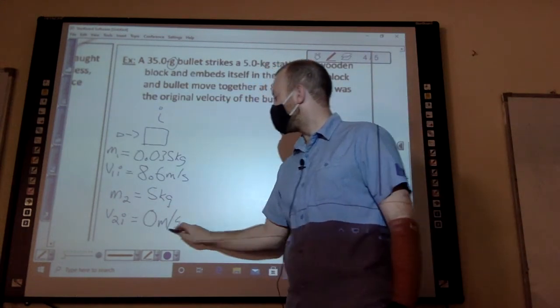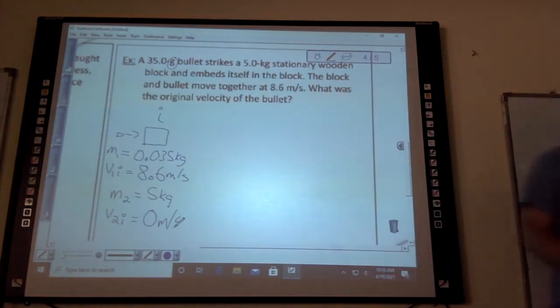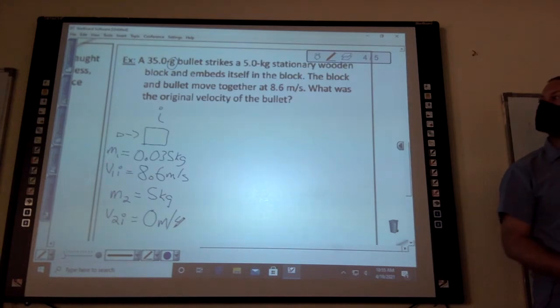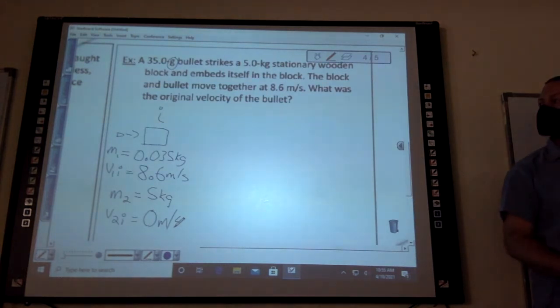And no one caught the other mistake that I made. So what did I do wrong? Just seeing if people are awake. You need to be able to read a question properly. We're solving for V1 initial.